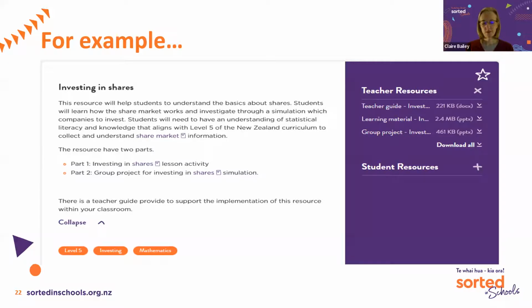The purpose of this resource is to introduce the basics about shares, including how the share market works, how to choose companies to invest in, and put their learning to the test with a share market simulation. Students will also learn to apply statistics knowledge that aligns with the New Zealand curriculum to collect and understand share market information. This resource allows students to build financial capability knowledge, and they can also work through it at their own pace.